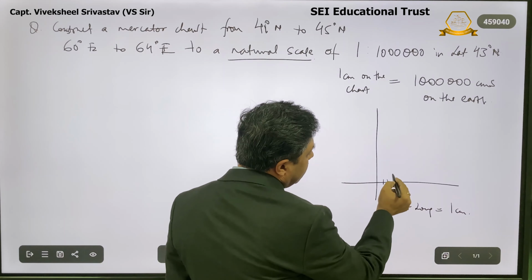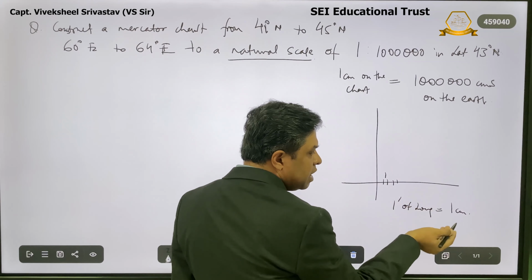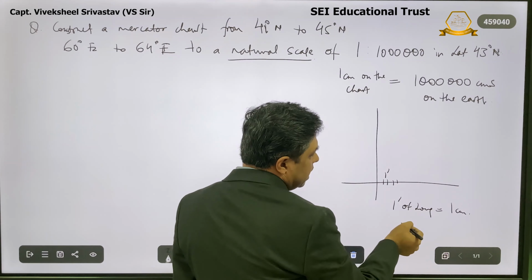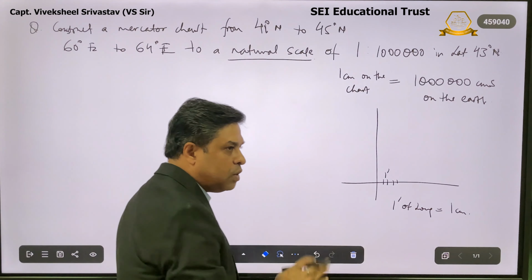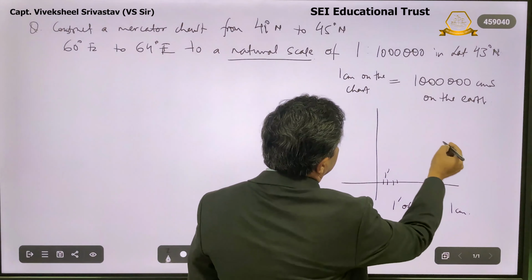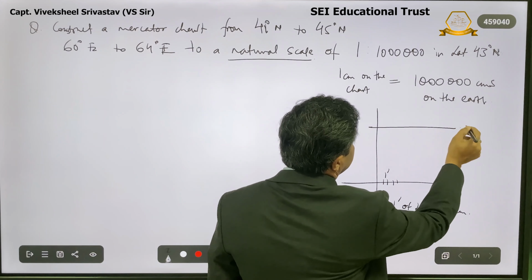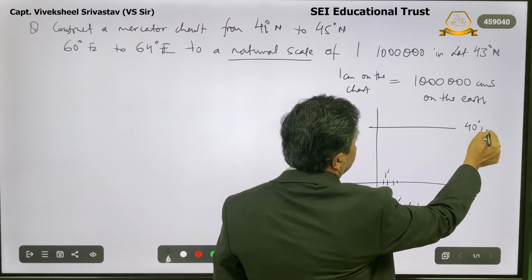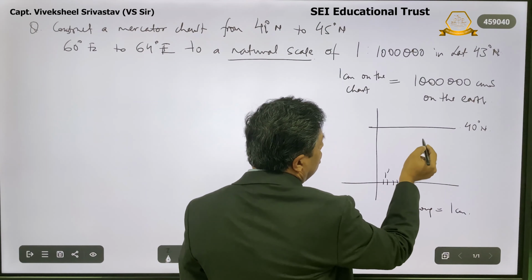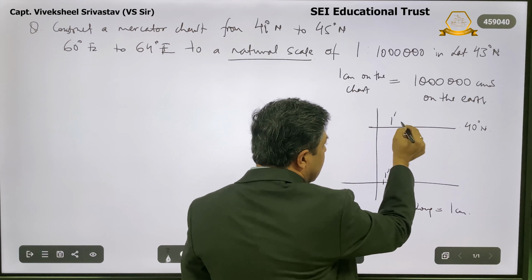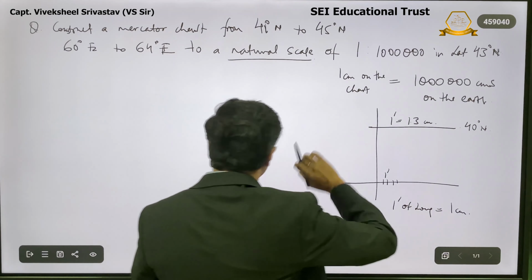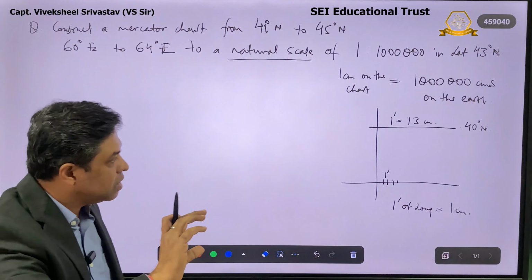So here the latitude scale and longitude scale are the same. So 1 mile over here is 1 minute of latitude and 1 minute of longitude. All right. And when we were constructing here at 40 degrees north, what happened? That 1 mile was not 1 centimeter. That 1 mile has become 1.3 centimeters over here because the latitude scale has expanded. All right.